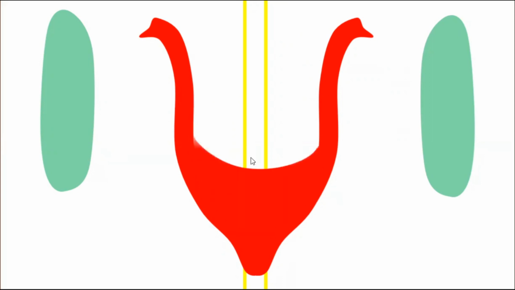Here we can see this paramesonephric duct. And the place of fusion of those ducts is enlarged and the uterus develops. So it will be uterus, two fallopian tubes, and two ovaries, and it's the development of the female reproductive system.